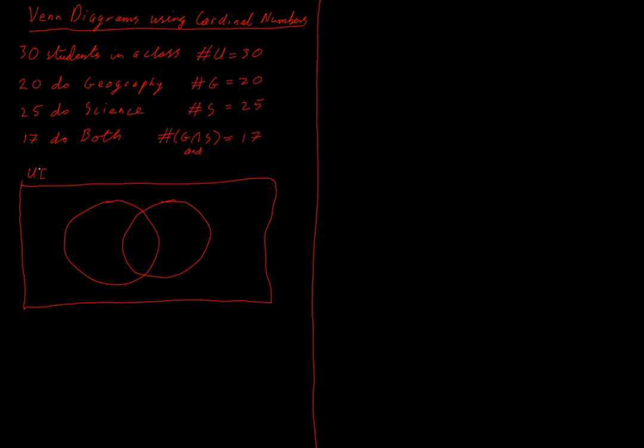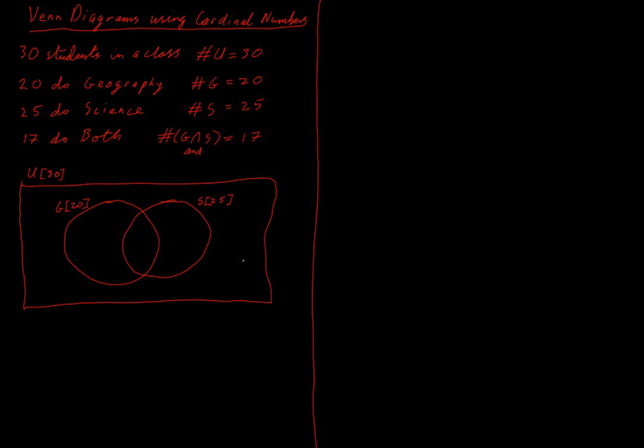Not a curly bracket like we had for elements, but a square bracket for when we're dealing with the cardinal number here. The cardinal number of our universe is going to be 30, because there are 30 students in the class. Then there are 20 people doing geography, so I have G for geography and in square brackets 20 next to that. And then science, I have 25 people, so I have square brackets 25.